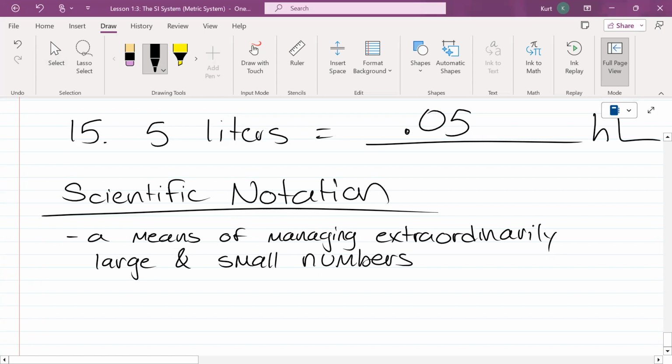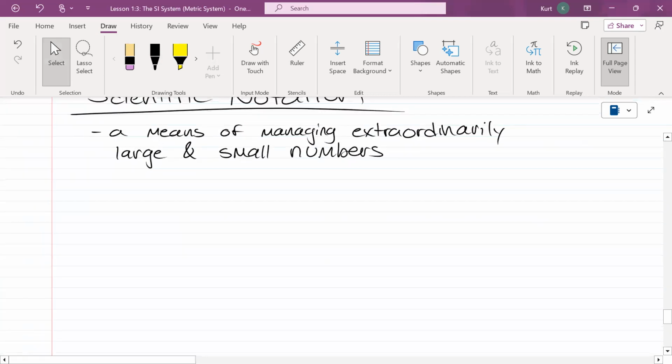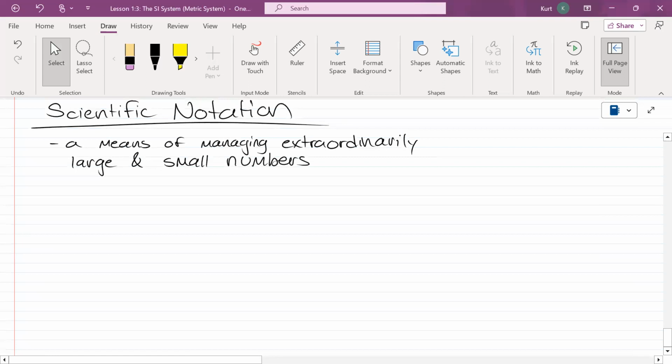Scientific notation is a means of managing extraordinarily large and small numbers. Numbers that can be so huge, they're incomprehensible, or numbers that are so small, they're incomprehensible. So I have 2 examples to give you guys.